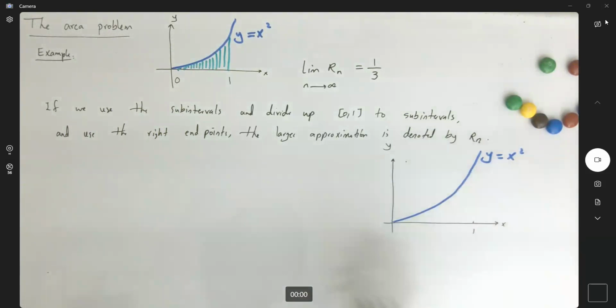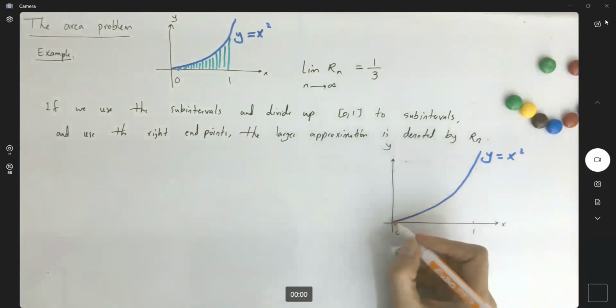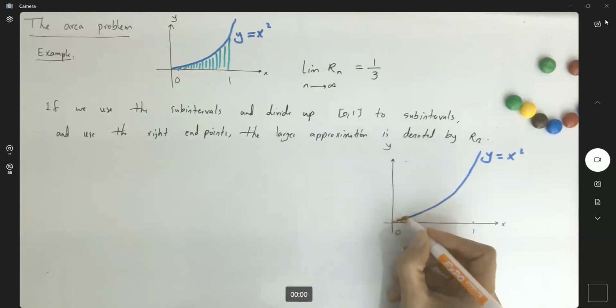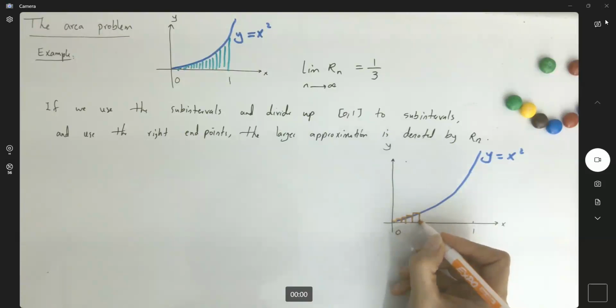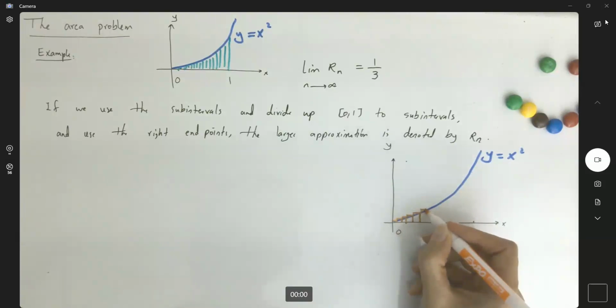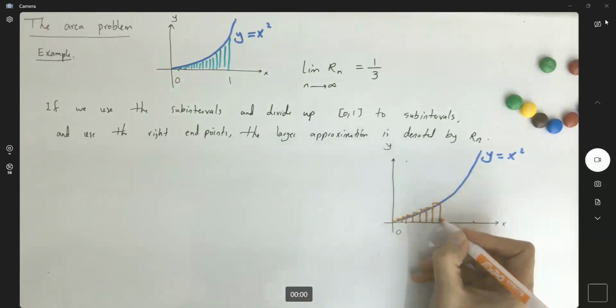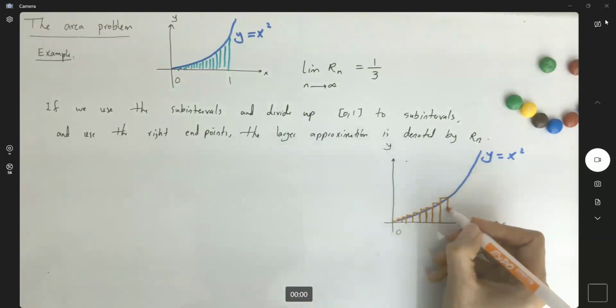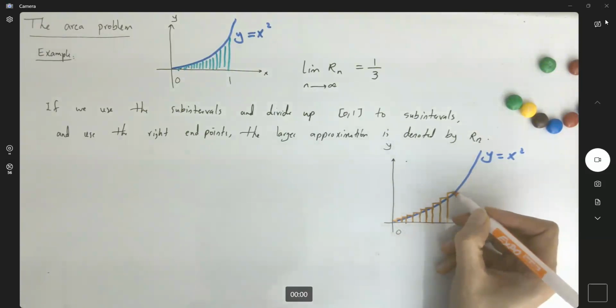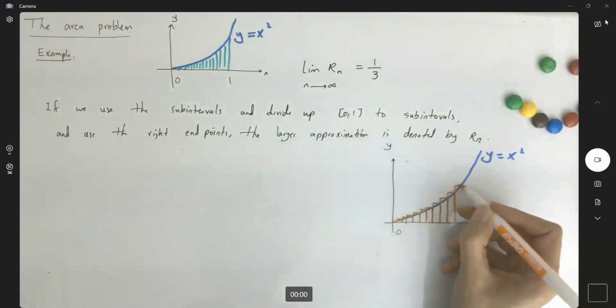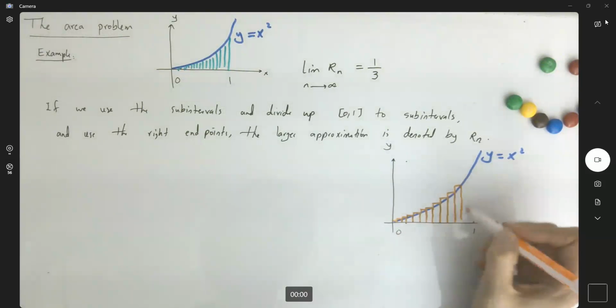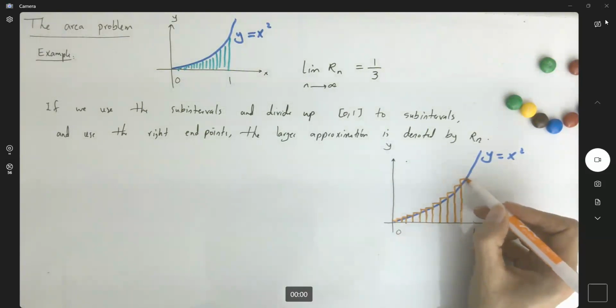And then we start taking these small rectangles and we try to approximate the area of this two-dimensional object using the right endpoints.